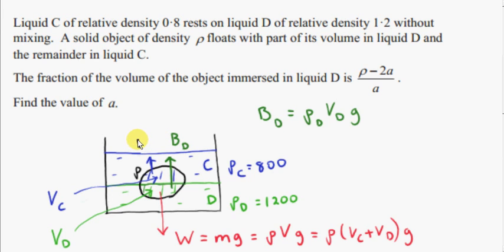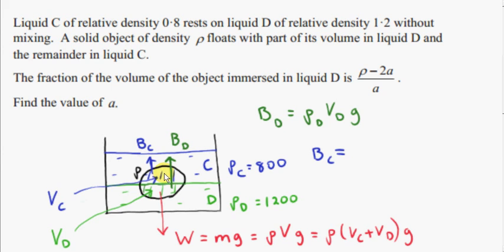So this is the buoyancy force on the top part. We'll call this BC, the buoyancy force due to liquid C. Well, again, we can imagine that the top part of the object has been replaced with liquid C. So this new object made out of liquid C would have the same shape and size as the object that it's replacing, but it's being held here in equilibrium. It's not accelerating.